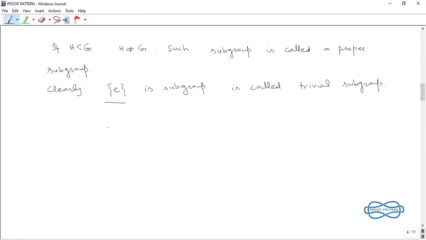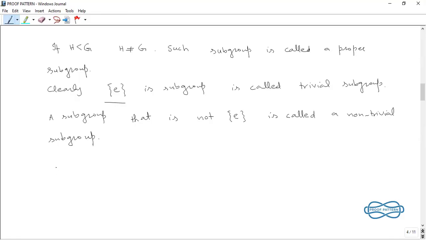So it is a subgroup of G. A subgroup that is not this trivial subgroup is called a non-trivial subgroup.